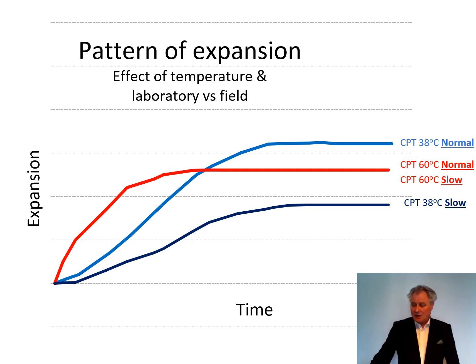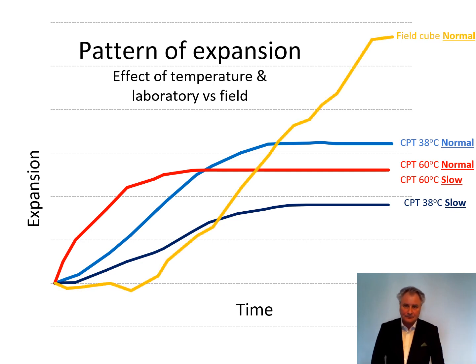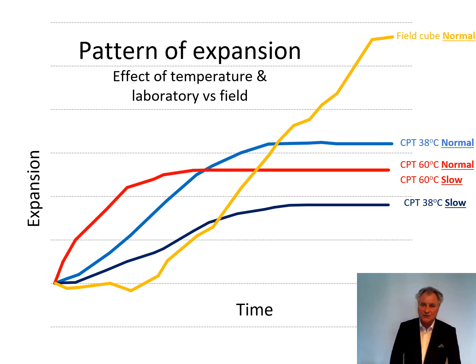However, what we see if we are making bigger blocks and putting them outside is that the expansion is going something like that. So this is a field cube outside. It's starting, of course, slower, starting with some shrinkage, but then it starts to expand, and it seems to expand and expand and expand. So it's obviously a different pattern in the field compared to what we see in the laboratory.